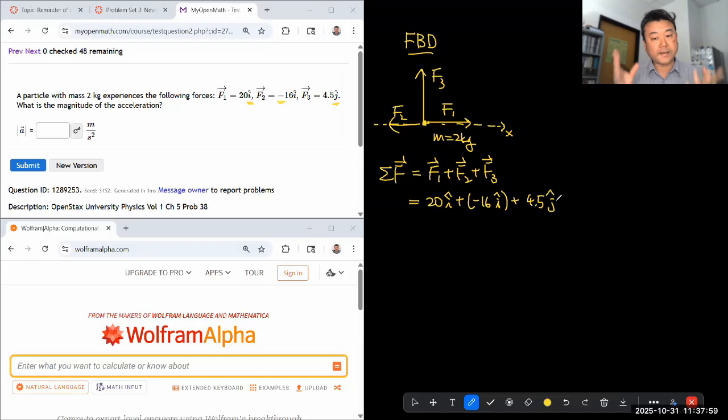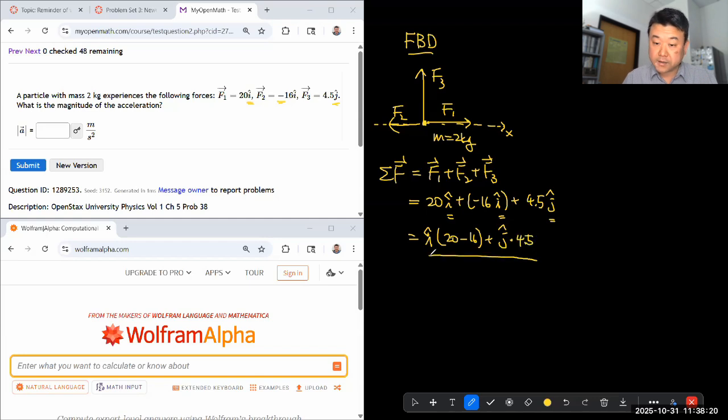Now you can collect like terms in terms of the unit vectors I hat and J hat. When you do that, you get I hat, the x component, times the sum of these two, so 20 minus 16, plus J hat times just 4.5. So this is your net force.